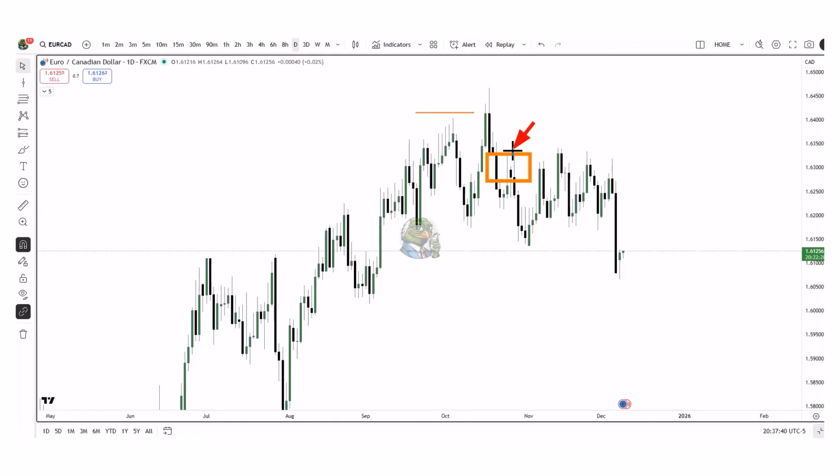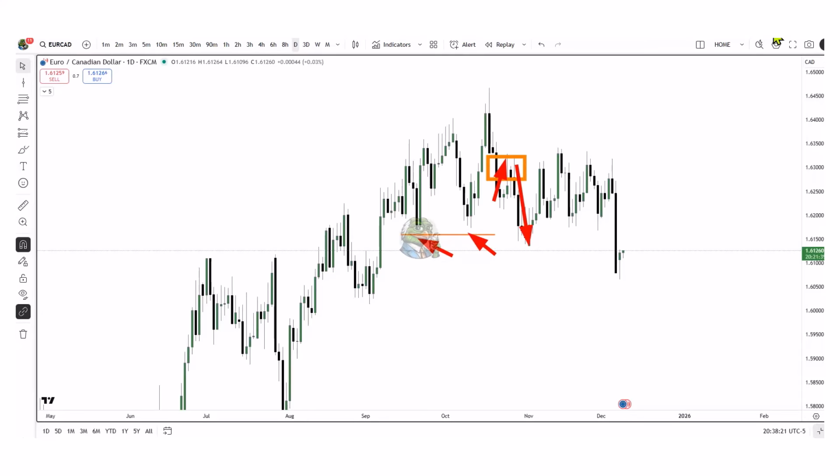Direction is now to the downside. We can enter a short position because we can see very clean equal lows, just like we saw these equal highs prior to the formation of this bullish fair value gap. In the same manner, we can see these equal lows formed prior to the formation of this bearish fair value gap, from where we can, on this pullback, go short and target the equal lows.